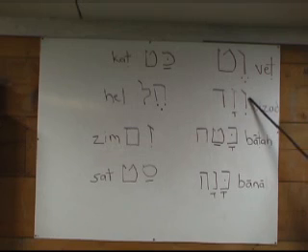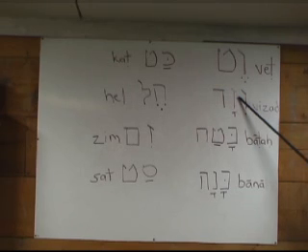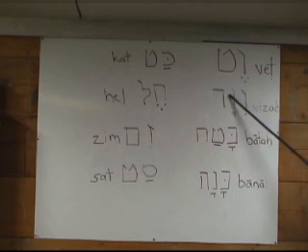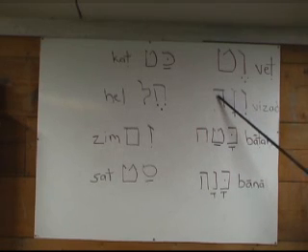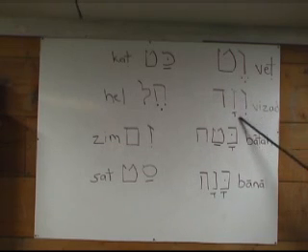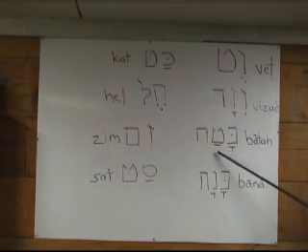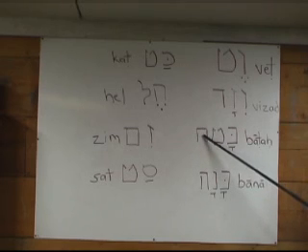On this one, we have vav. You go down to hirek, the dot. You go over to zayin, the next consonant. Then you go down to comets, the next vowel. Then you go over to dalet, the next consonant. So that we have vizad. On this one, you have bait with comets, then tet with patak, and then het.